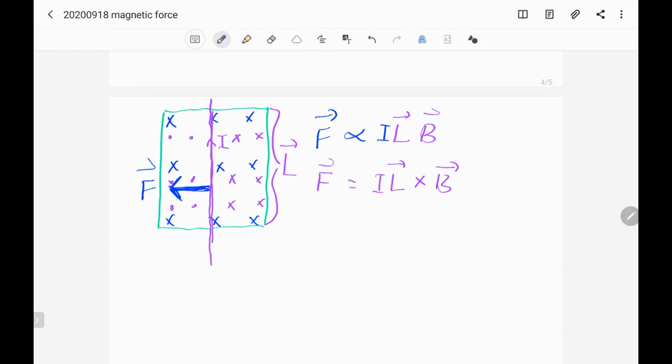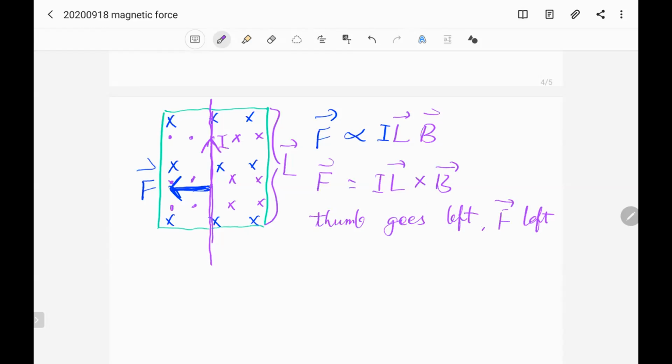You will find that L goes up and the magnetic field goes in, so my thumb goes to the left. So the force goes left. This is how we determine the direction.